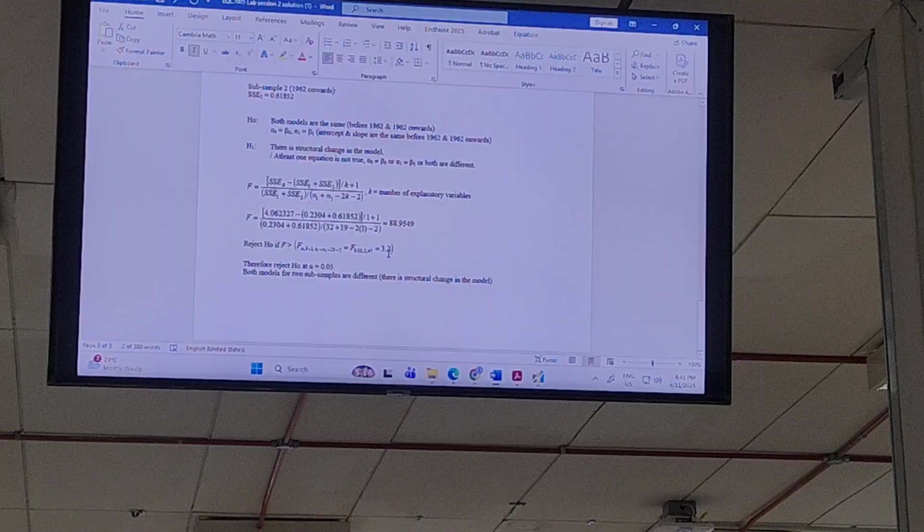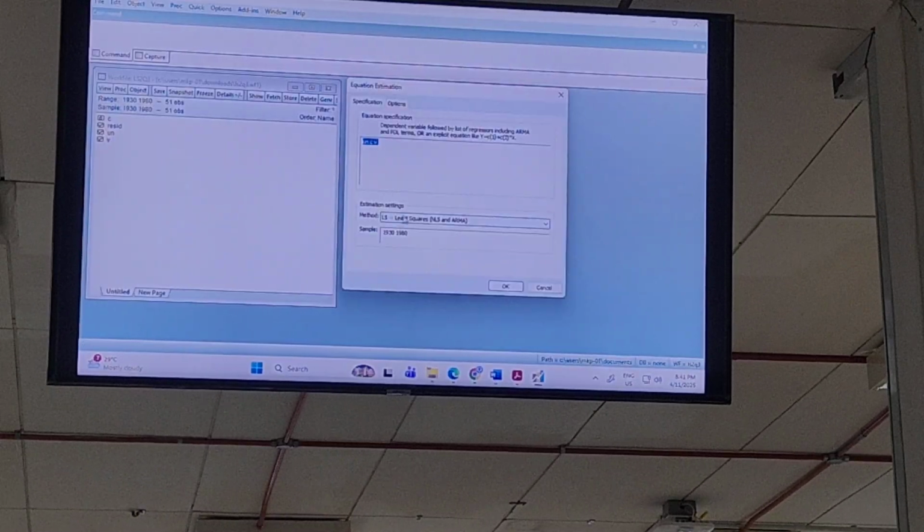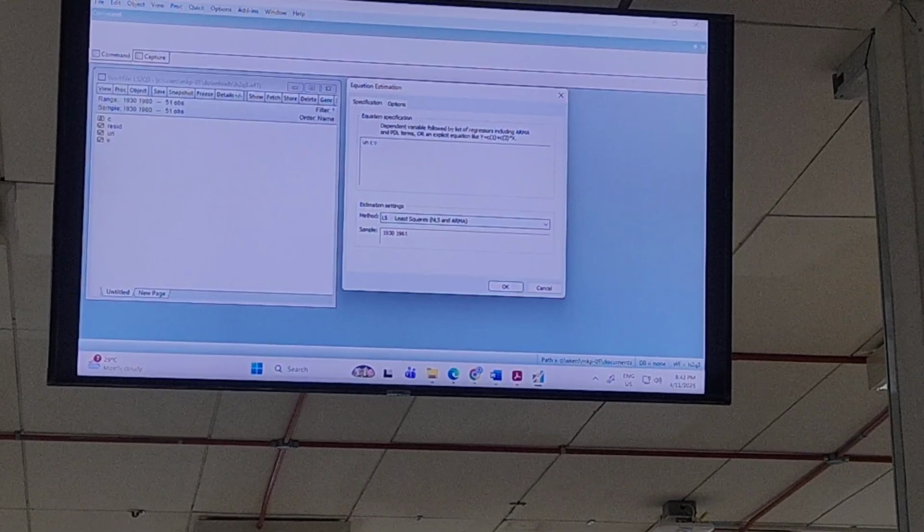So meaning that, just now we already have this one. Now to get SSE1, we just put 1930 to 1961. Okay. If you want to get that value to calculate manually, but as I mentioned before, if you have it used, then just do it the easy way, just like we did just now.